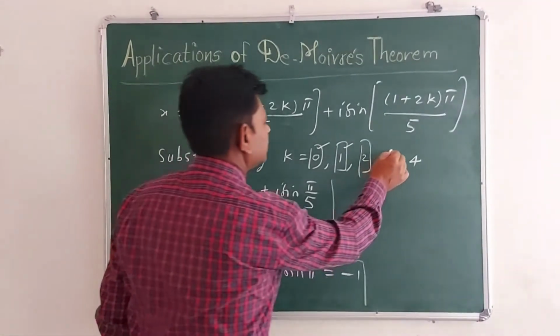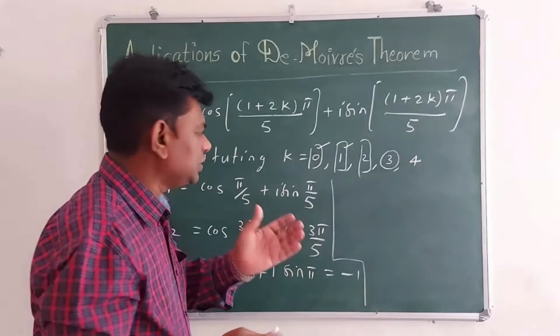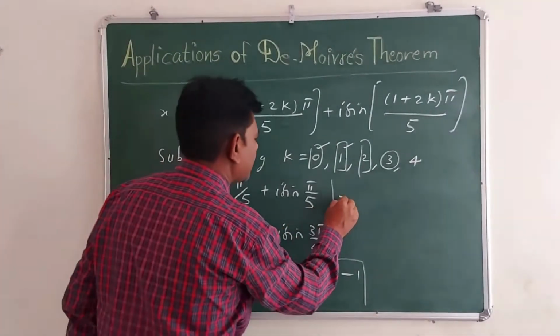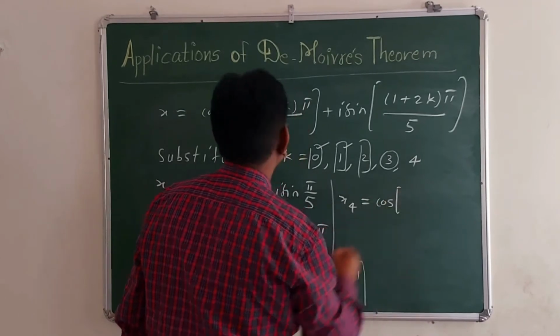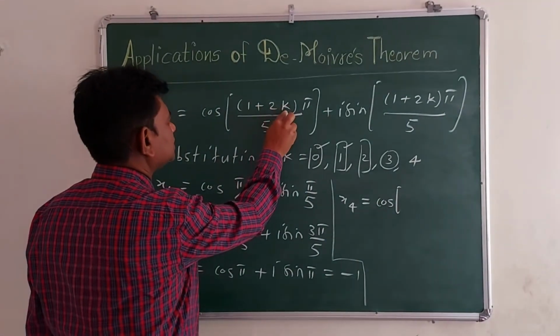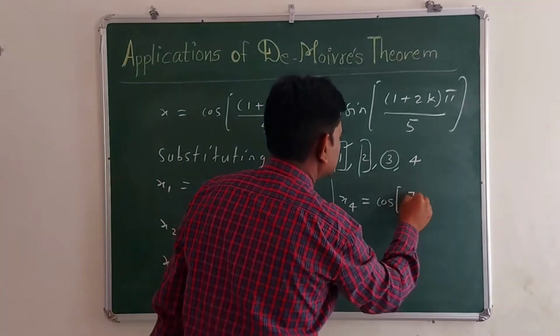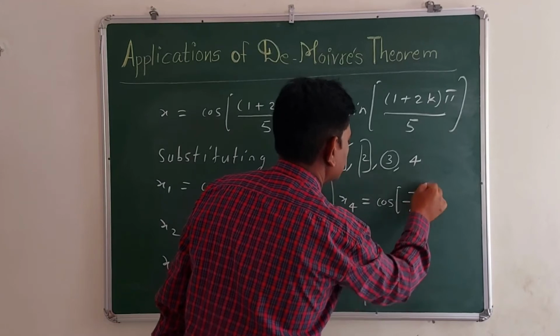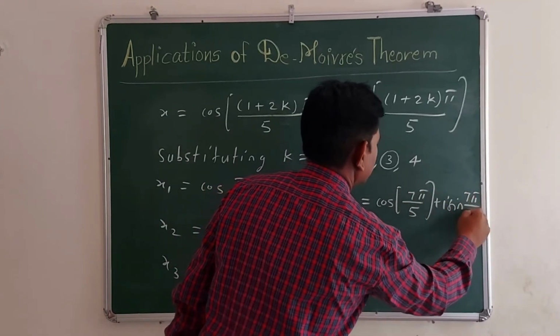Now by substituting k equal to 3, we get the fourth value of the new equation. It is denoted by x4. Now this is equal to cos, now again here k be the 3. The 2 times 3 is 6 plus 1 is 7. The answer is cos 7 pi by 5 plus i sin 7 pi by 5.